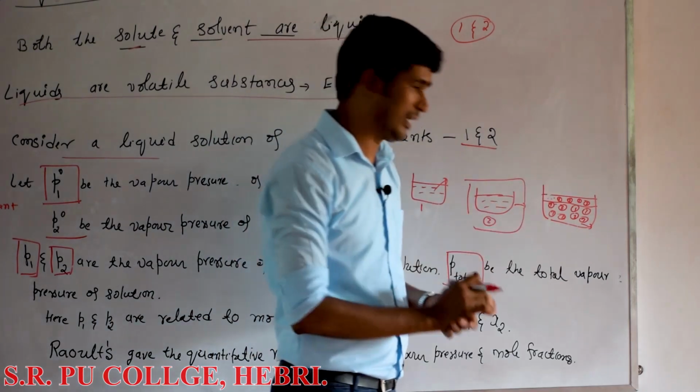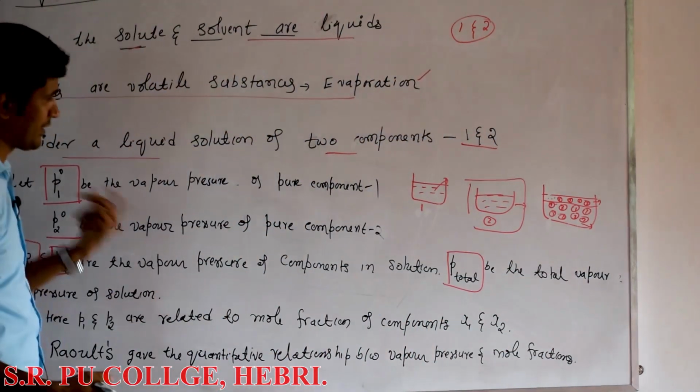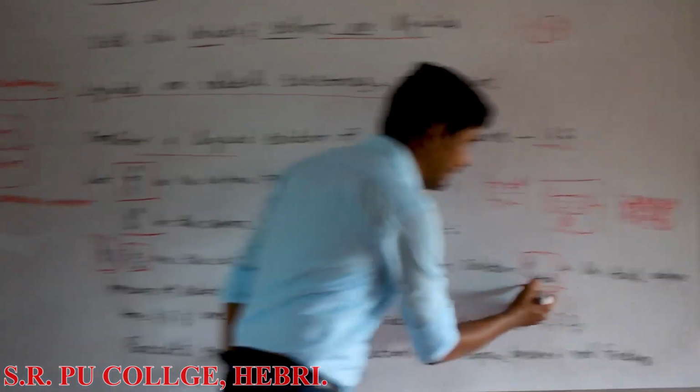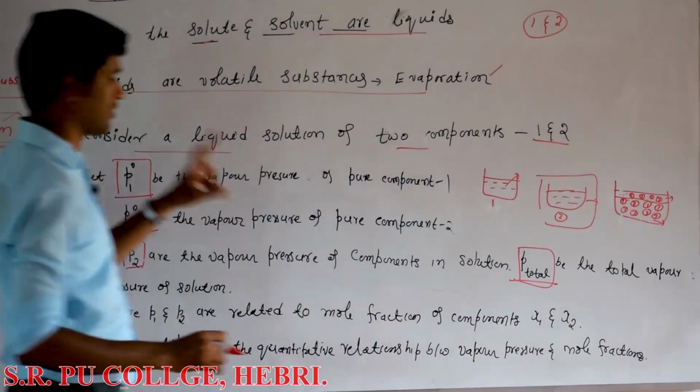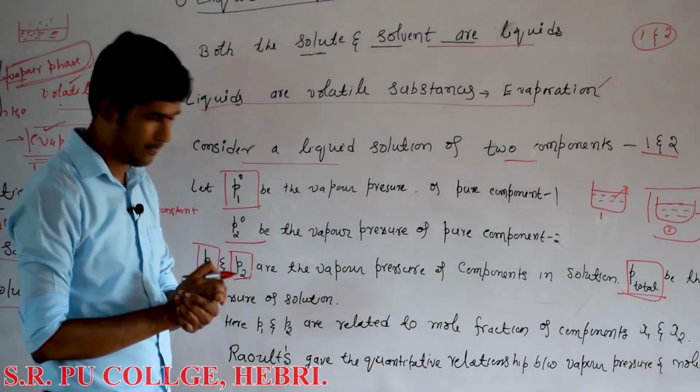Both these components evaporate and form their molecules in the gaseous phase. Due to this, they exert some pressure, which is known as P total. P total is the total vapor pressure of the solution, because of both components 1 and 2.